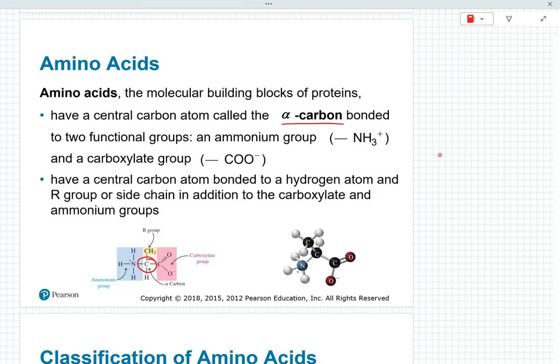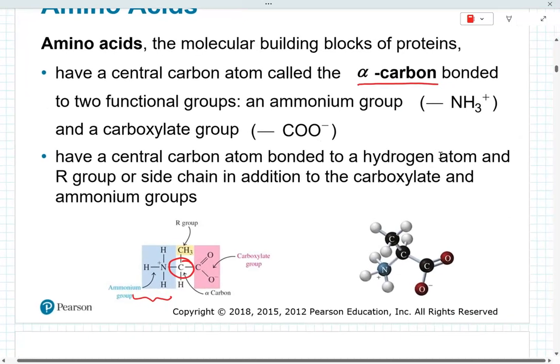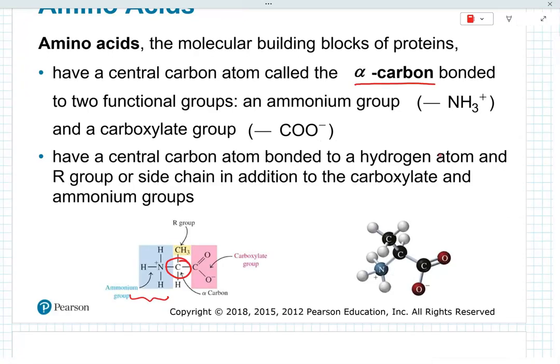This alpha carbon is connected to two functional groups that should be familiar to you: the ammonium group on the left and the carboxyl group on the right. This central atom, this alpha carbon, forms two other bonds, one with hydrogen and one with the side chain, also known as the functional group.